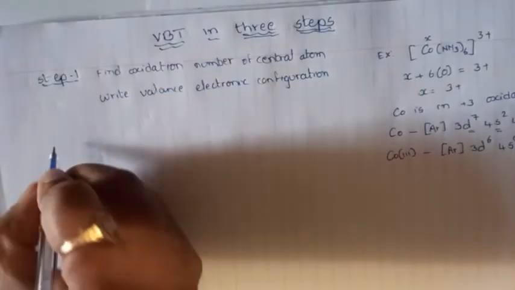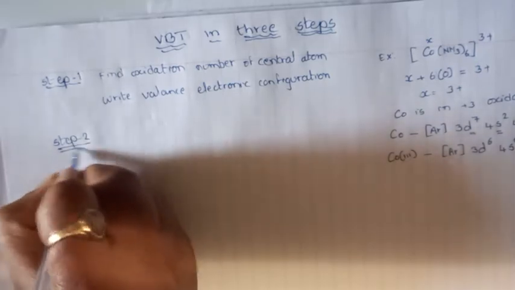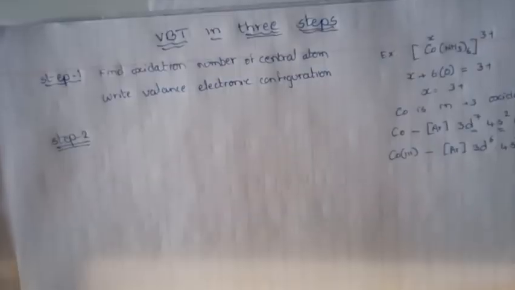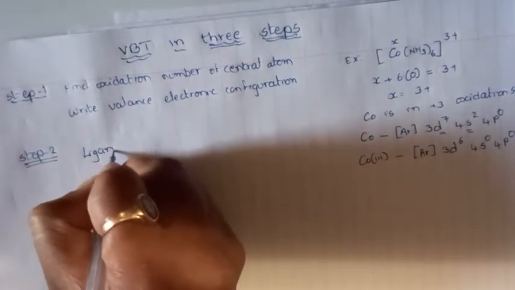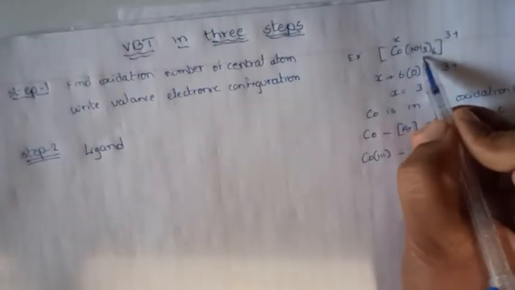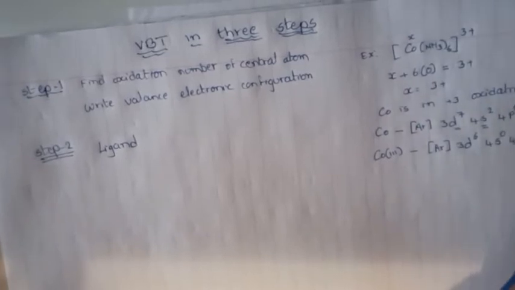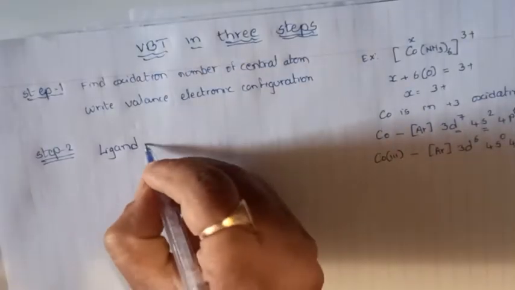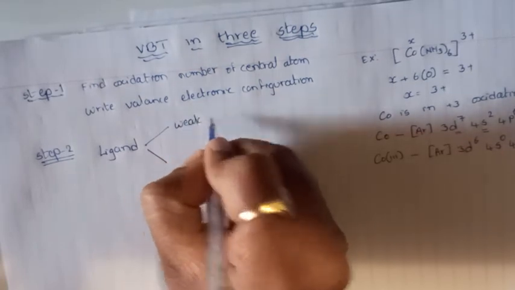Next, you have to find out whether the ligand is a weak field ligand or a strong field ligand. In the first step we discussed the metal; next, it is surrounded by the ligands. There is a simple way to remember weak field and strong field ligands.